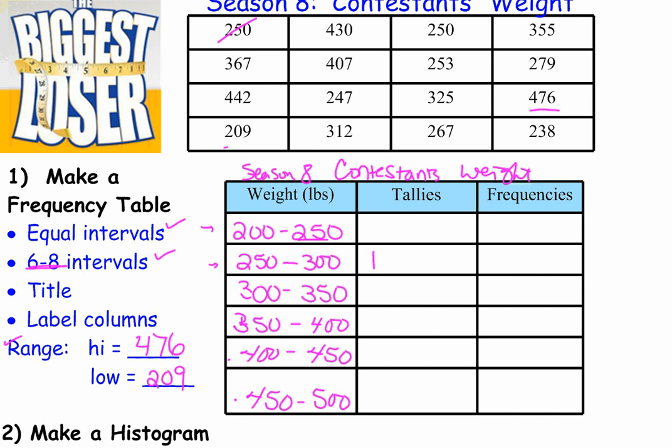The ending number does not get included in the interval, so that's going to force it to go down into that next category. 430 hits right here. 250 again, 355 here, 367, 407, 253, 279, and why don't you take off from there.